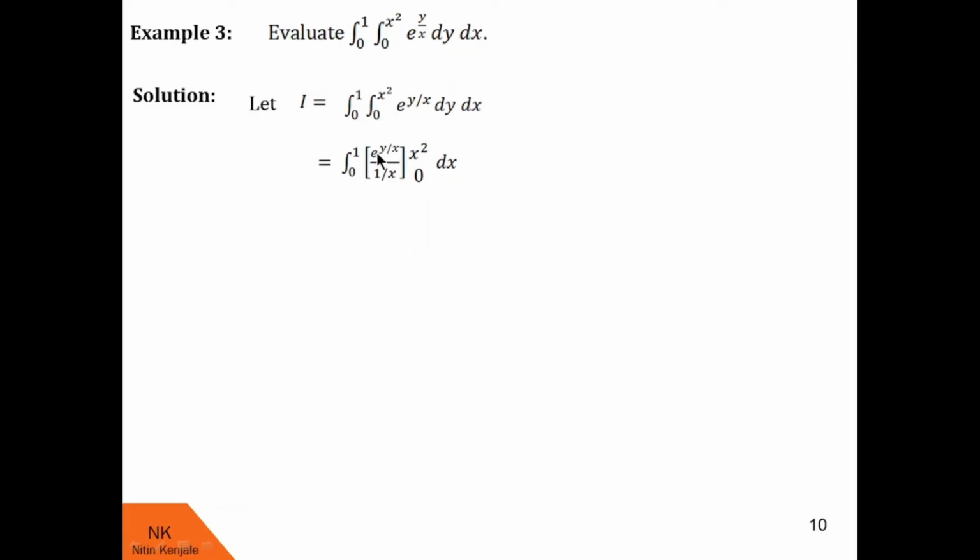So we have e raised to x square by x, that is e raised to x minus e raised to 0, that is 1, upon 1 by x as it is. This 1 upon 1 by x can be written as just x in the numerator. So when we multiply that x with this numerator, we have x e raised to x minus x.